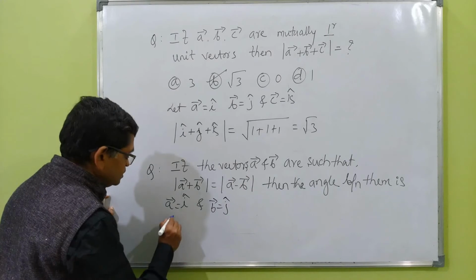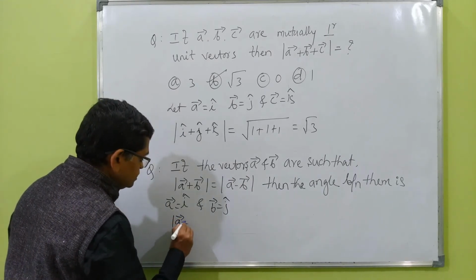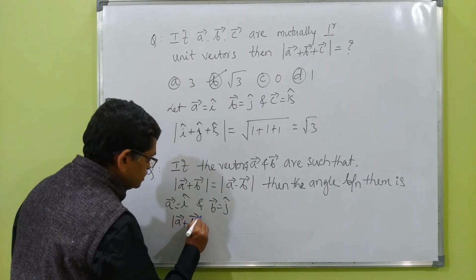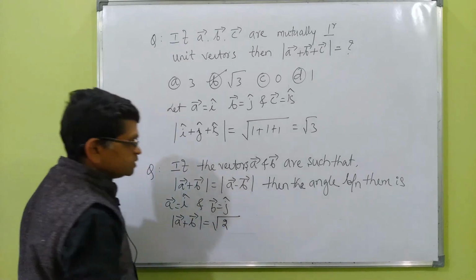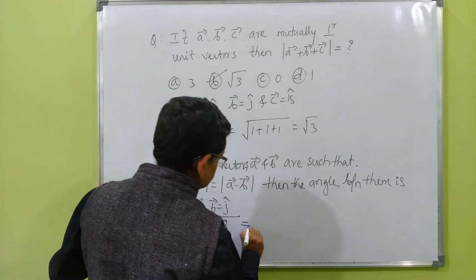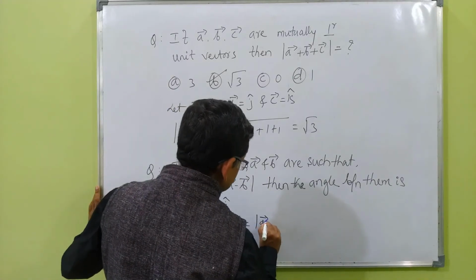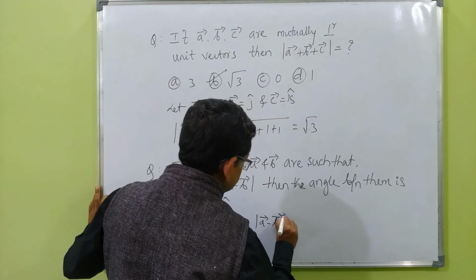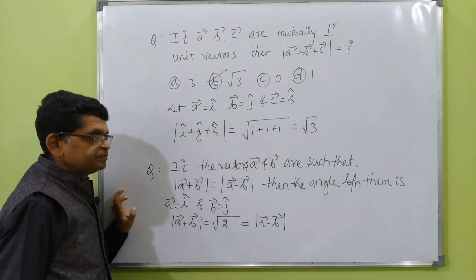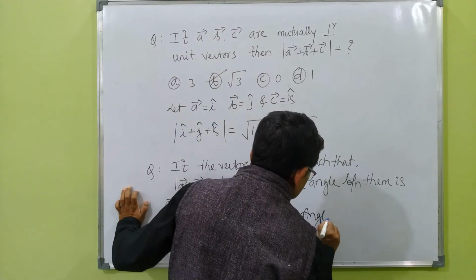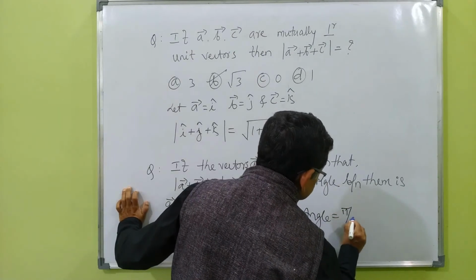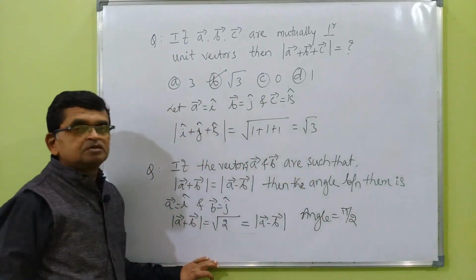Then modulus of a plus b is equal to root of 1 square plus 1 square, that is root 2, and similarly modulus of a minus b is also root 2. Therefore, the angle is equal to pi by 2. Okay.